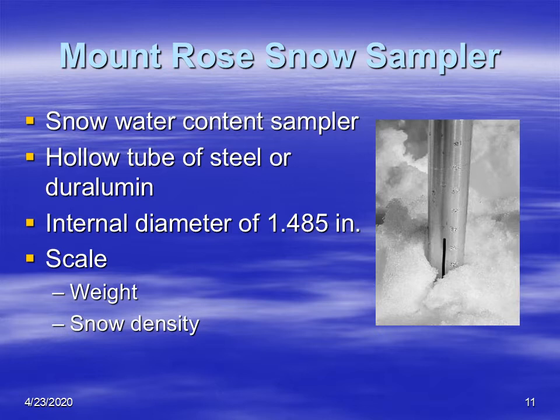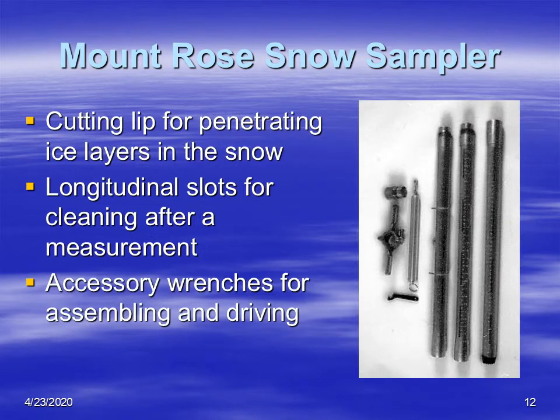It comes with a spring scale for measuring the weight and therefore the snow density. It also has a cutting lip at the very bottom so it can penetrate through many layers of snow. And it has accessory wrenches for assembling and also driving this system into the snow.